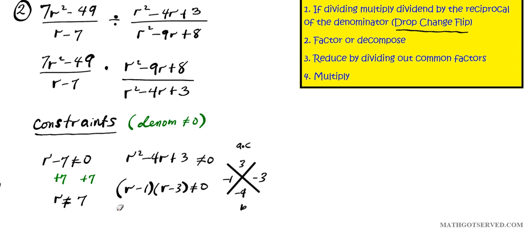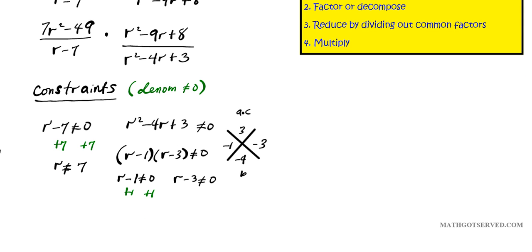Now we're going to set both factors not equal to 0 and solve. The first one, you simply add 1 to both sides. So that tells you that r cannot be equal to 1. On the second equation, you simply add 3 to both sides.